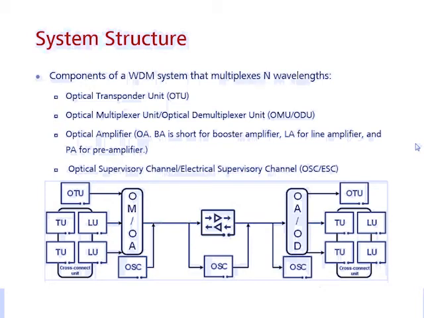So what's the application of the OTU? You can see OTU is used to connect between client-side equipment and the WDM side equipment. So the function of OTU is to make all the customer services carried by standard wavelengths.